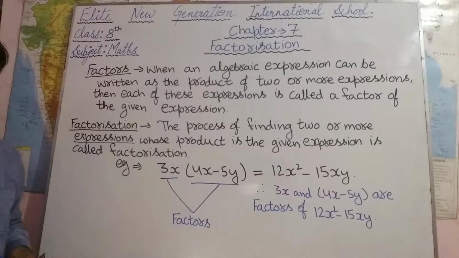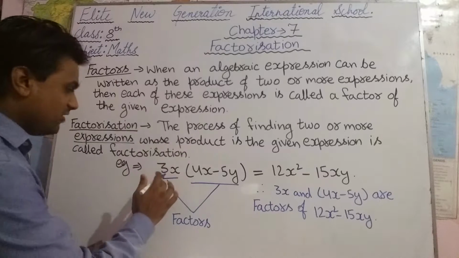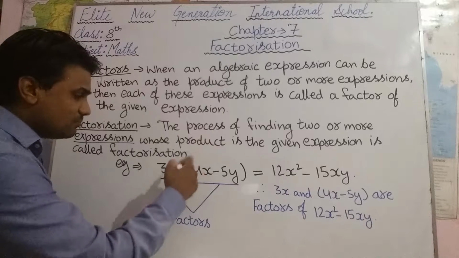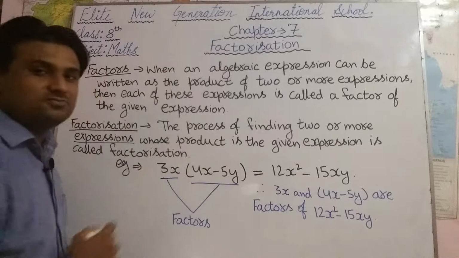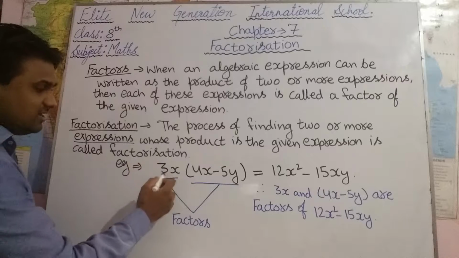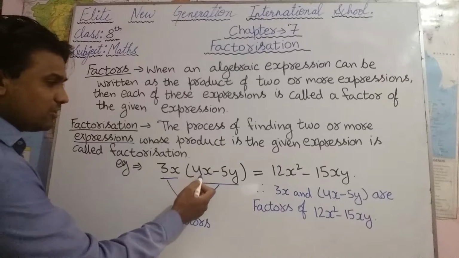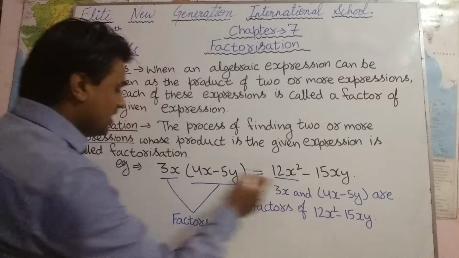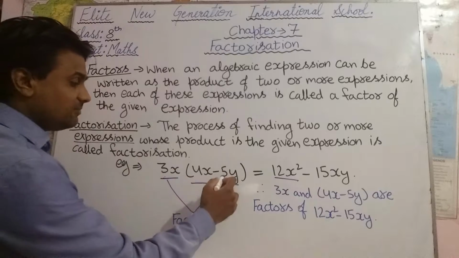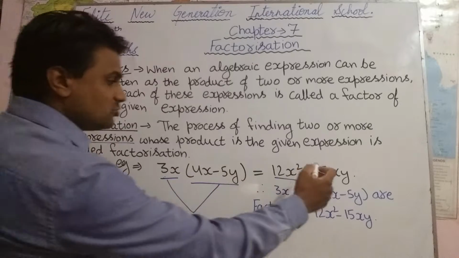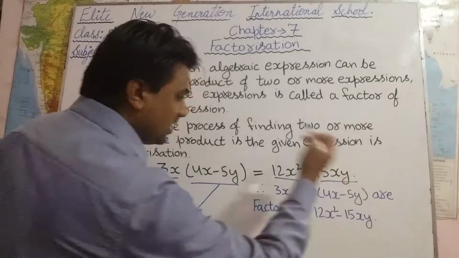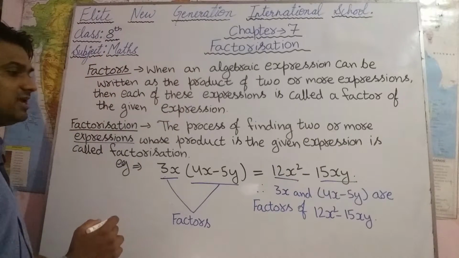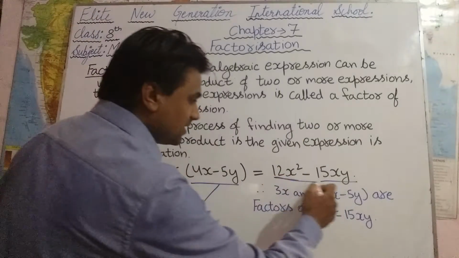known as factorization. For example, when we take 3x multiplied by 4x minus 5y, that means this 3x multiplied by this 4x will be 12x square, and this 3x again multiplied by 5y will be minus 15xy. So here we can say this is one expression.